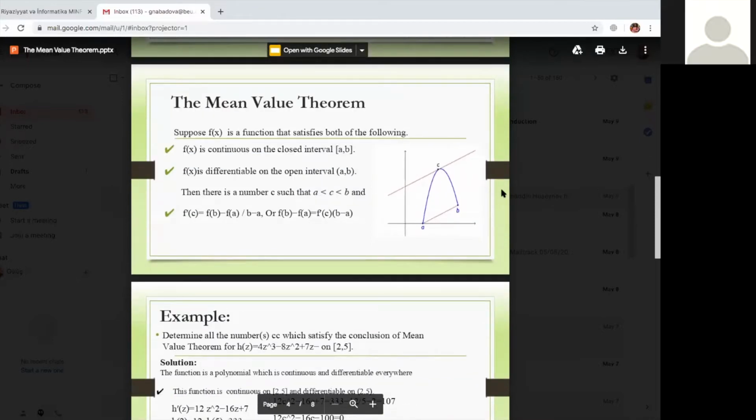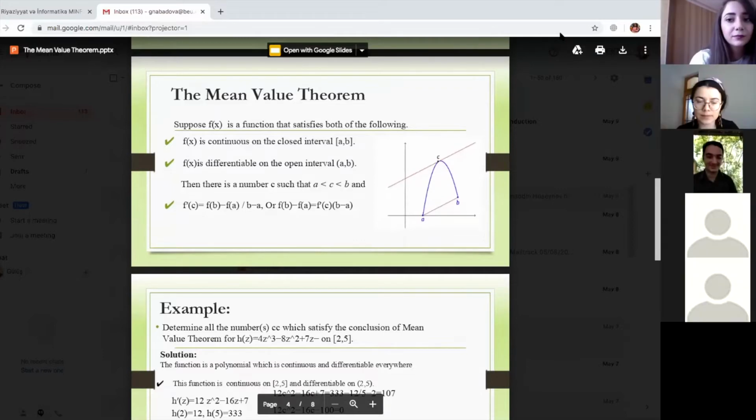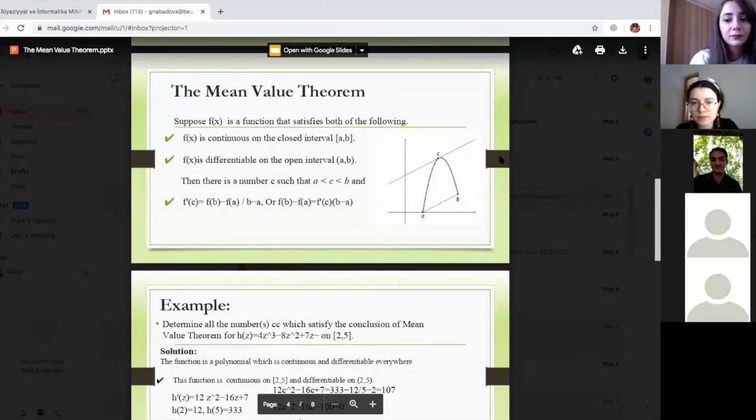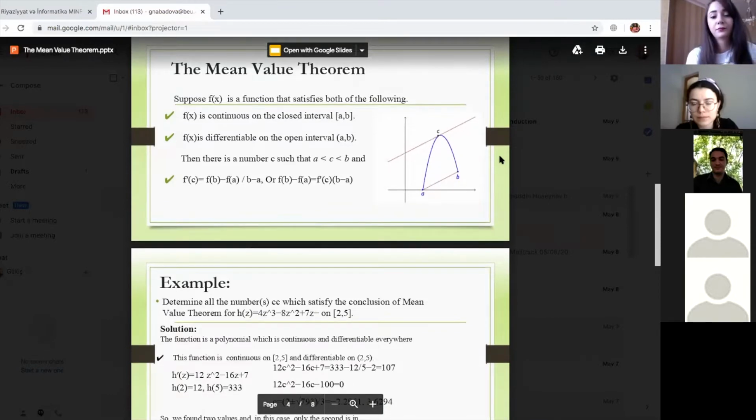Okay, now I want to speak about the mean value theorem. Suppose f(x) is a function that satisfies both of the following. First, f(x) is continuous on the closed interval [a, b]. The second, f(x) is differentiable on the open interval (a, b).